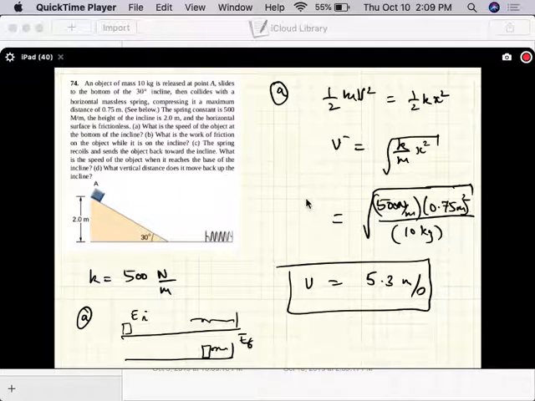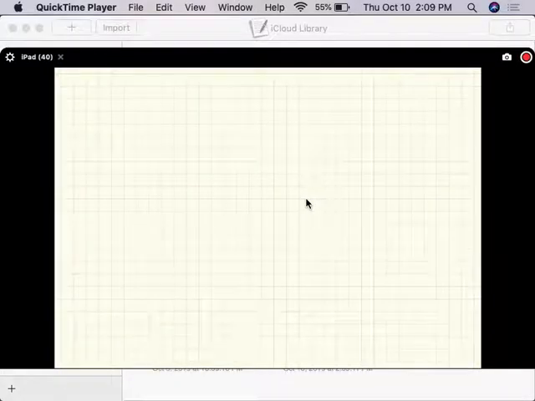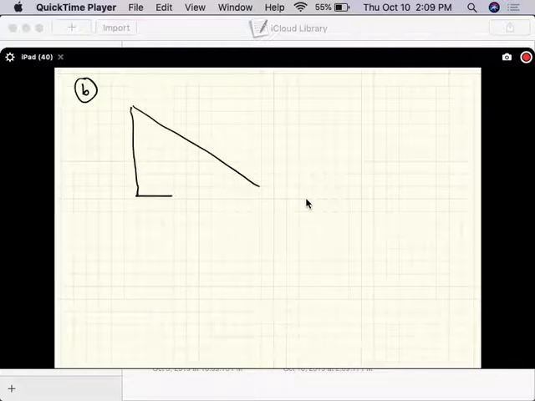What is the work of the friction on the object while it is on the incline? All right, again, now we'll use the work-energy theorem.